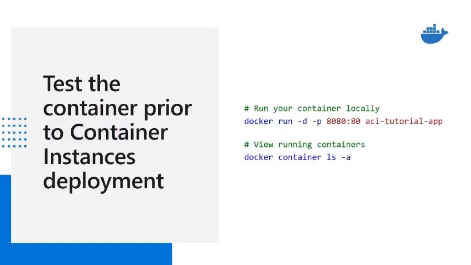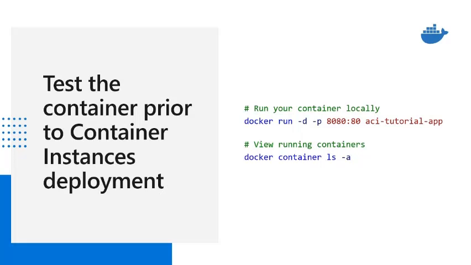Test the container prior to container instance deployment. Before you deploy the container to container instances, you use docker run to run it locally and confirm that it works. The -d switch lets the container run in the background, while -p allows you to map an arbitrary port on your computer to port 80 in the container.